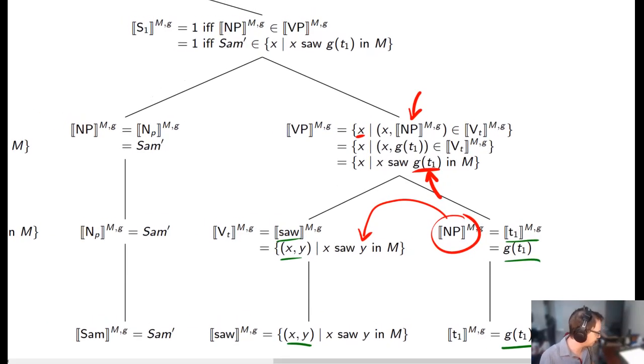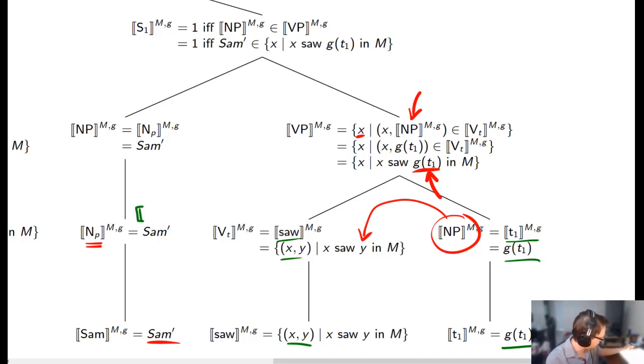Now, if we complete the rest of the sentence with Sam as our subject, so Sam saw T1, well, Sam is a proper name. Now we have this extra middle node because we need to specify that our noun is specifically a proper name instead of a common noun or a pronoun. So we have this middle tier. In fact, I made a little bit of a mistake here.